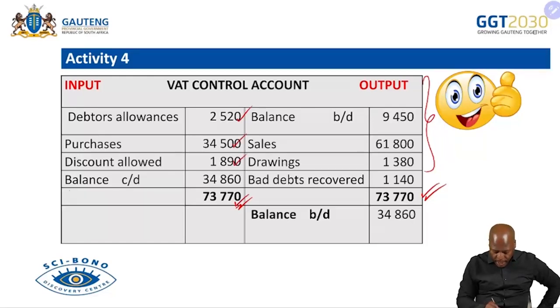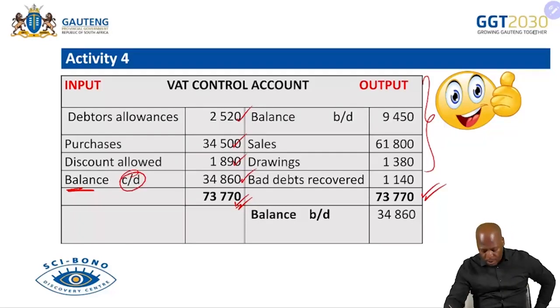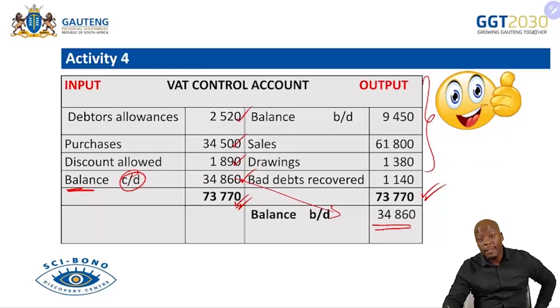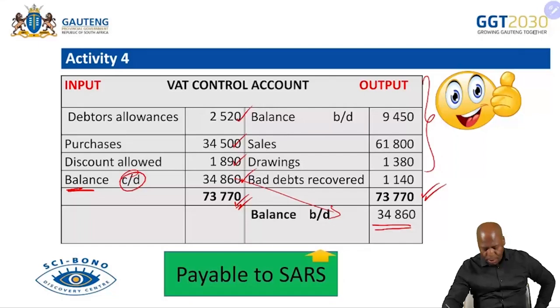Then I'm going to get now my 34,860, which becomes my balance carried down, 34,860. If it's carried down there, remember it has to become brought down here, 34,860. Once it is here, what does that mean? This is an amount payable to SARS. It is due to SARS.